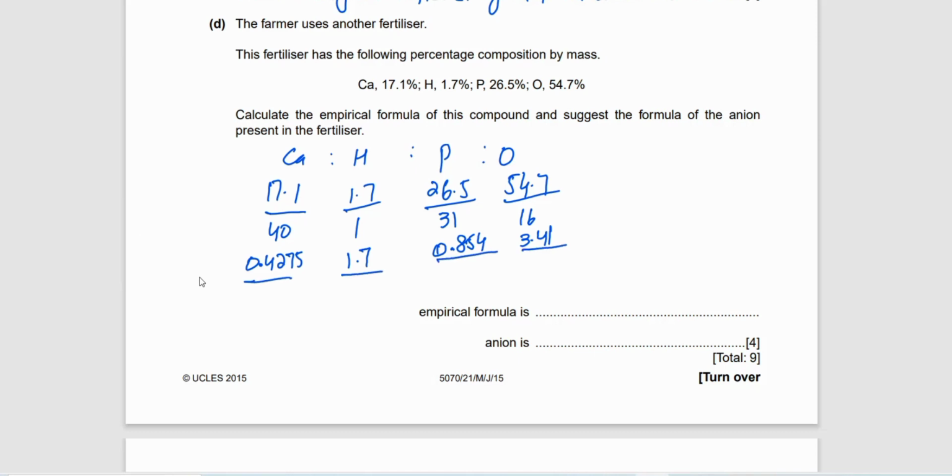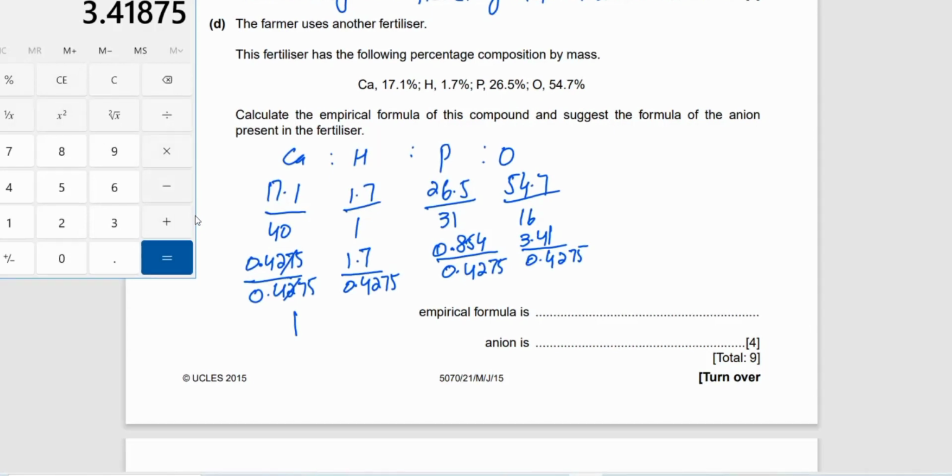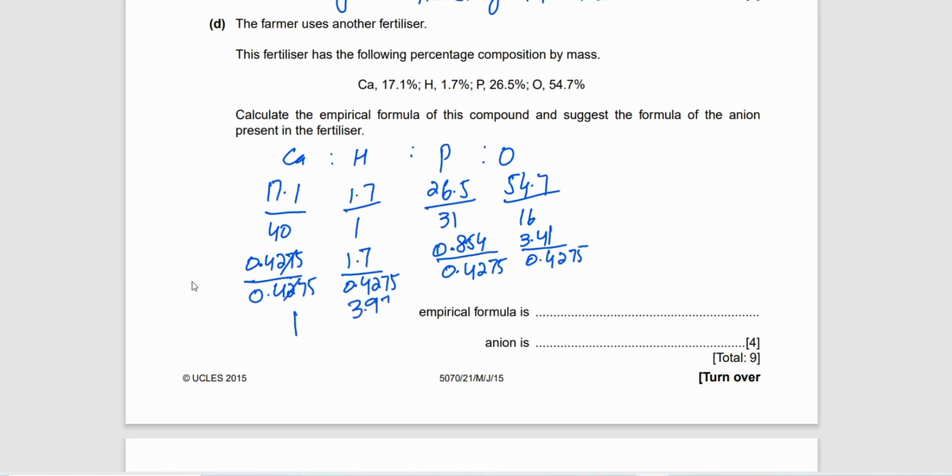Okay, so 0.4275 divided by 0.4275 is one time. 1.7 divided by 0.4275 is equal to 3.97.